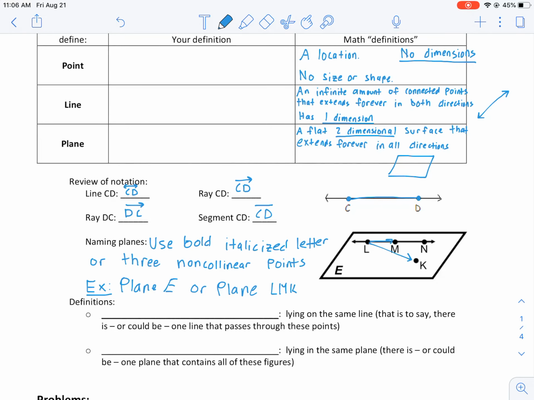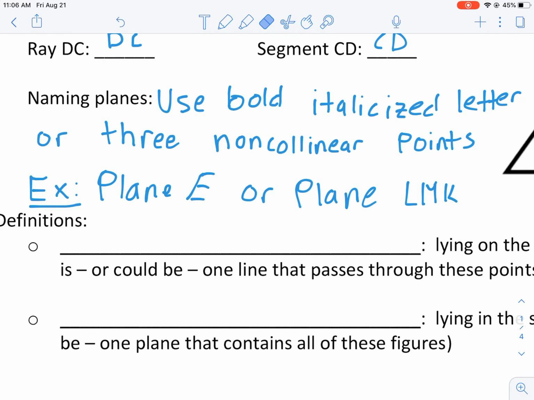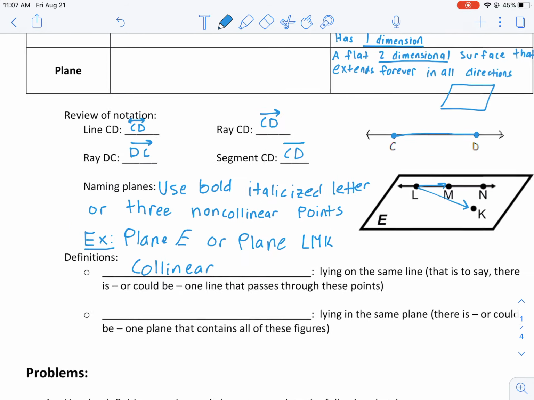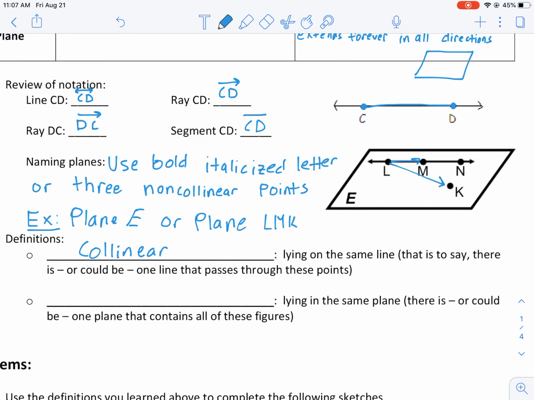The last thing that we're going to talk about is we're actually going to define this word up here. So not exactly that word, but we're going to define the word collinear. So you guys know what linear means from Algebra 1. Linear means it makes a line, right? A linear function makes a line when you graph it. So co means like together, right? The prefix co. So collinear means together to make a line.